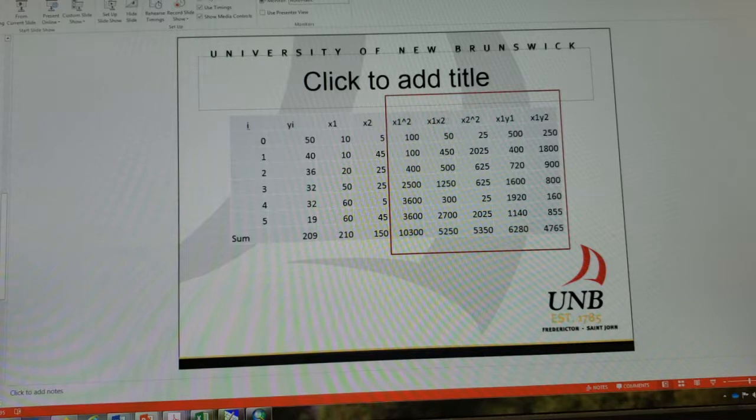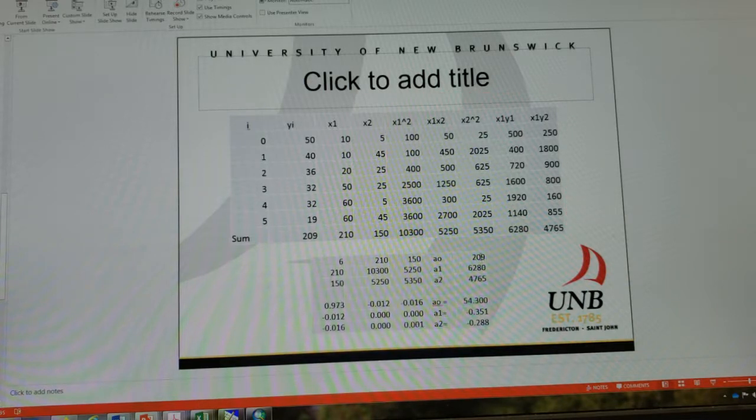There's an x1 squared, an x1 times x2, an x2 squared, x1 times y1. All of these values are being calculated behind the scenes and then put into a matrix. After they're put in the matrix, you are solving for a0, a1, a2, which are the coefficients of that equation. So a0 is the intercept, 54.3, a1 is the coefficient in front of x1, and a2 is the coefficient in front of x2.